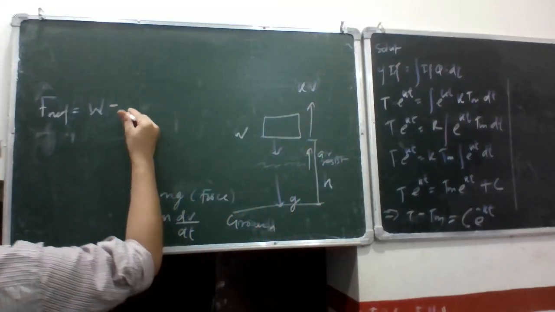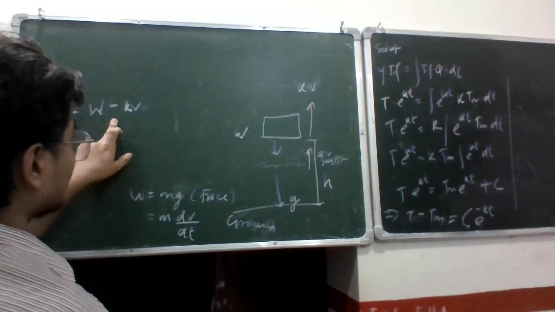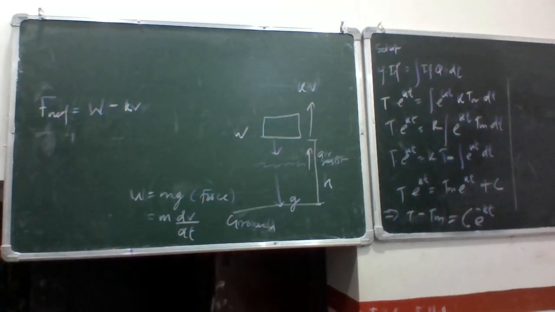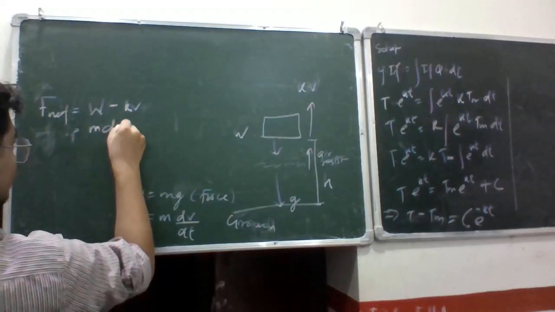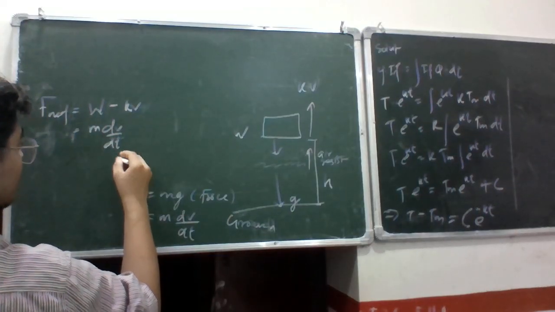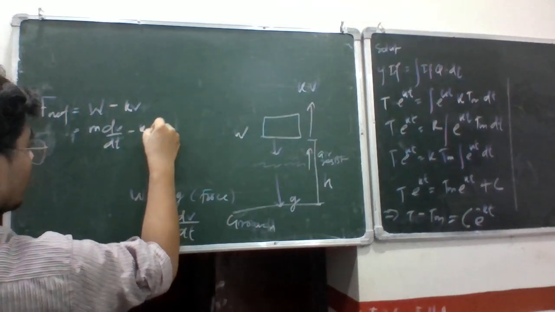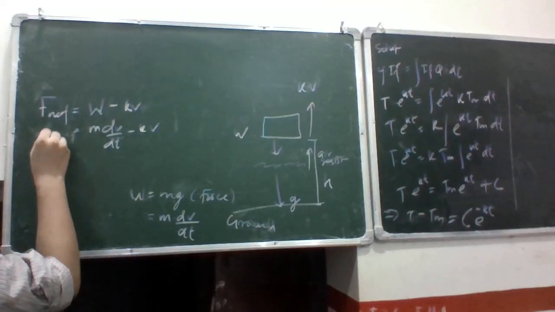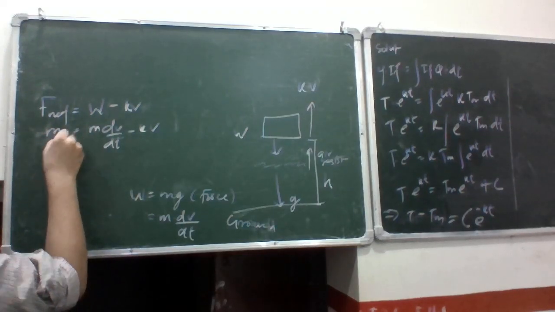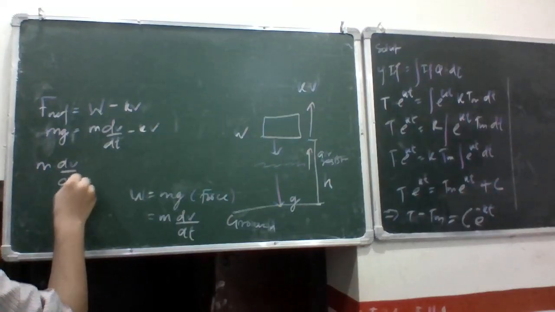So we have to put a minus sign in front of it. So this is the net force that our body is facing. So it's m dv by dt minus k v equals force. Now force is what? m times dv by dt.